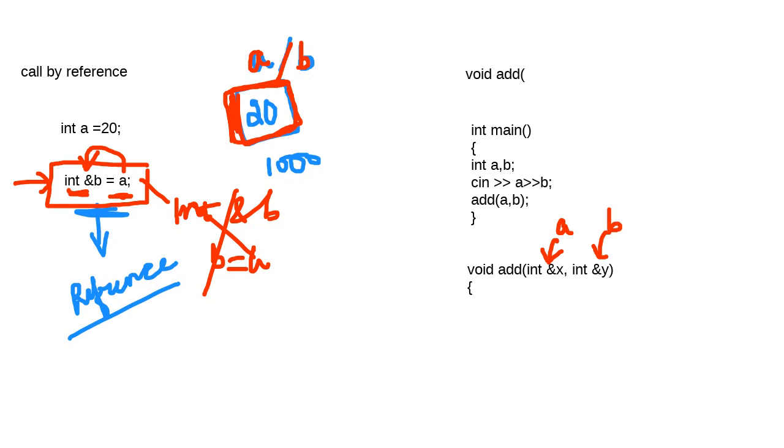So this is int ampersand x equal to a and int ampersand y equal to b, right? Yes, you can just operate using x and y itself.